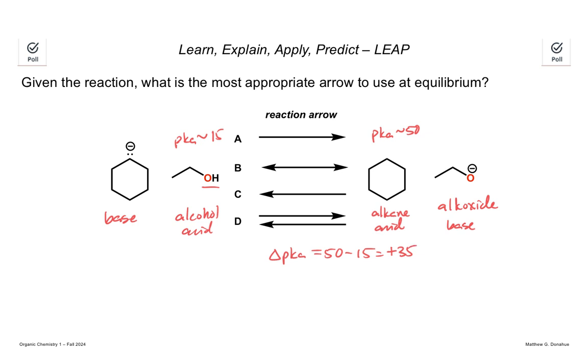And again, that's greater than our range of 5. From that, we would say the arrow we want to write between them is A. The carbanion will abstract that H. You break the OH bond, and it will favor the products 100%.